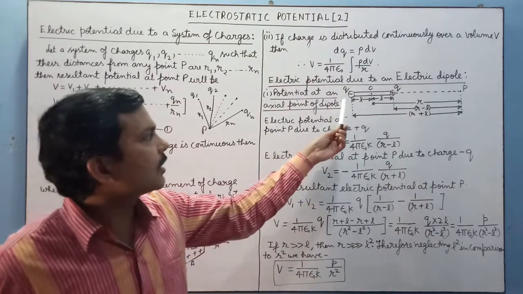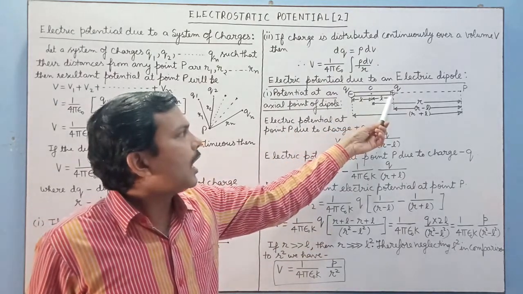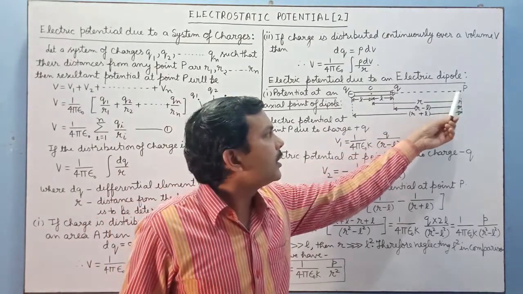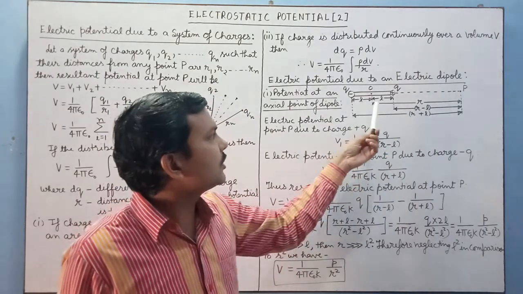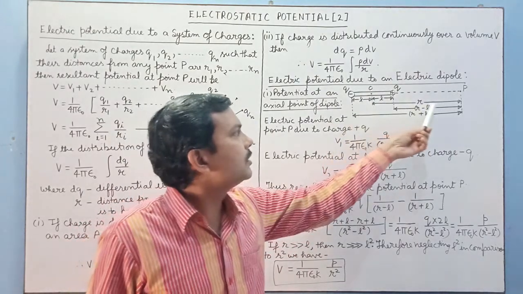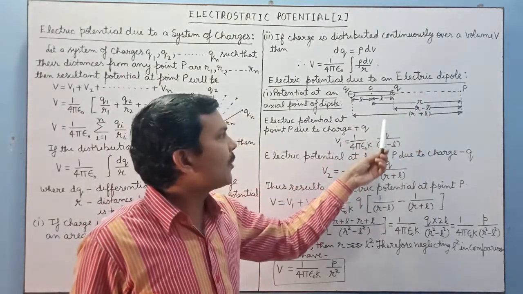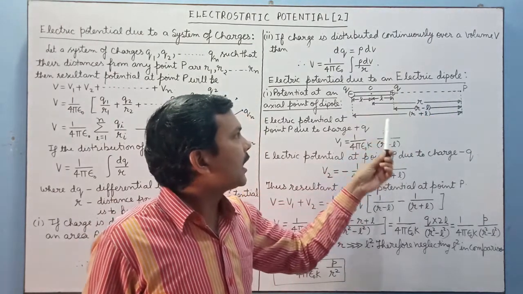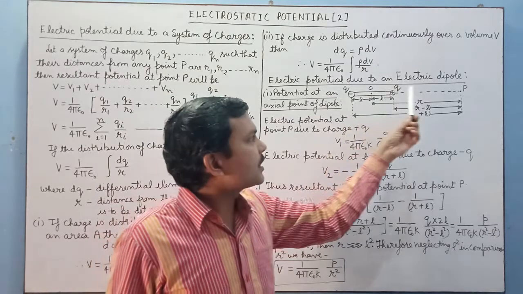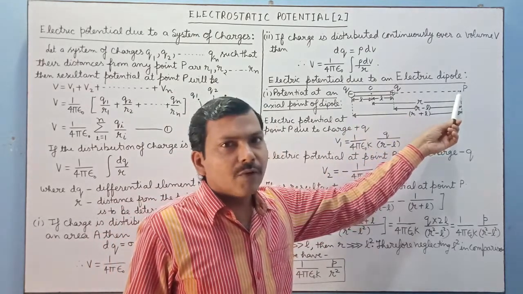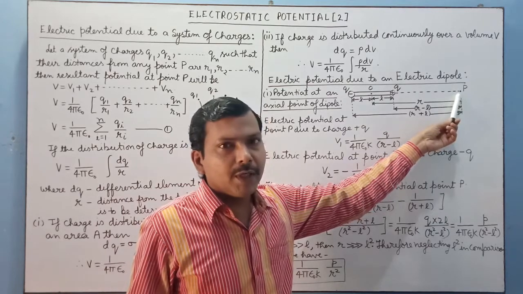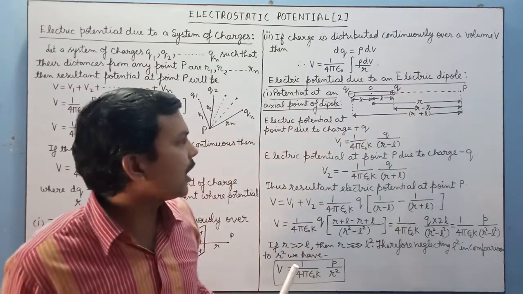Let us consider a dipole and we have to determine the electric potential at point P at a distance r from the center of this dipole. First we determine the electric potential at point P due to the plus charge, then the electric potential due to the minus charge, and then we find the algebraic sum of both these potentials at point P to obtain the resultant potential.